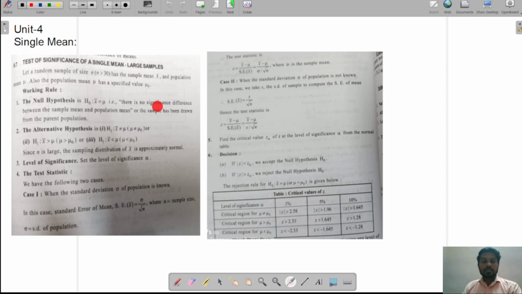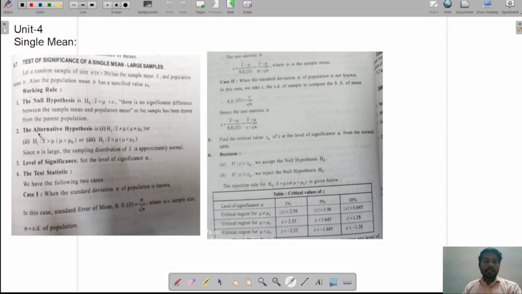There is no significant difference between the sample mean and population mean, or the sample has been drawn from the same population, which is nothing but both are equal.